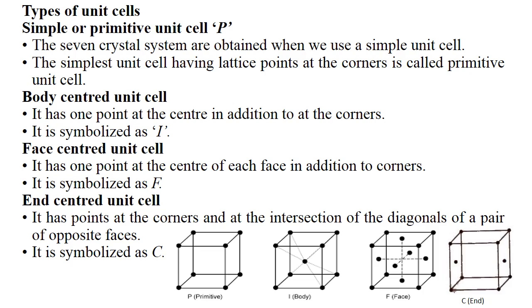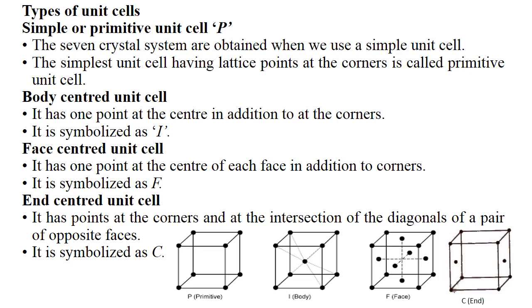It is symbolized as capital F. The fourth one is the end-centered unit cell. It has points at the corners and at the intersection of the diagonals of a pair of opposite faces. It is symbolized as capital C.